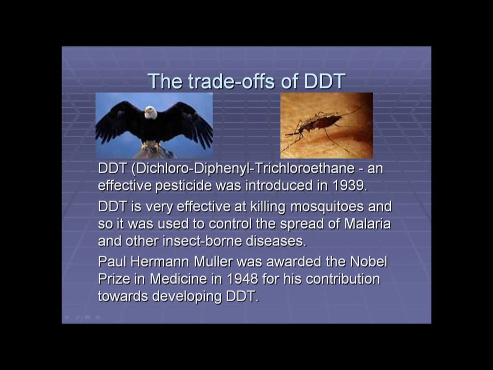DDT is very effective at killing mosquitoes, and so it was used to control the spread of malaria and other insect-borne diseases. Paul Hermann Muller was awarded the Nobel Prize in Medicine in 1948 for his contribution towards developing DDT.